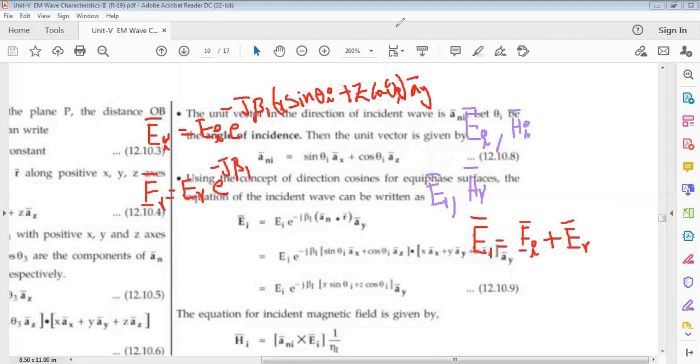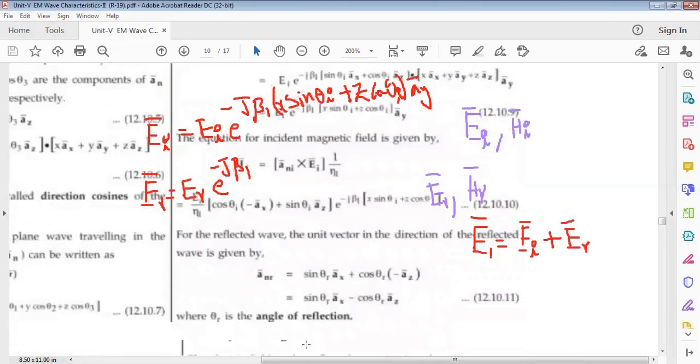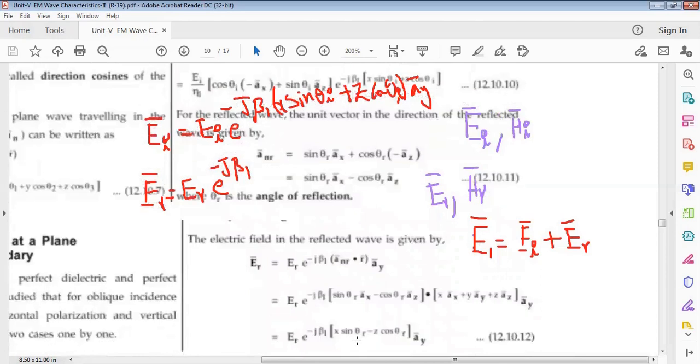You see the equation we got, ER is equal to x sin theta R minus z cos theta R into AY bar. Now you can combine the two functions to get E1 bar is equal to EI plus ER function.